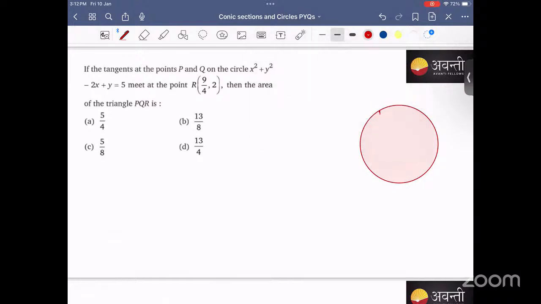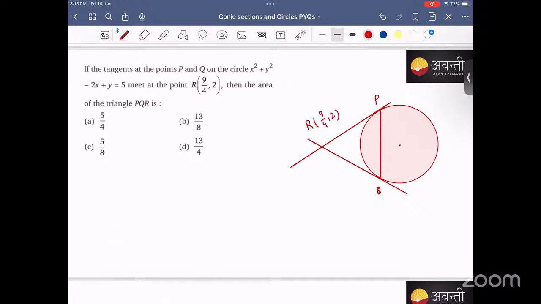Now let us assume these are points P and Q. This is P, this is Q. Tangent at P is this, and tangent at Q is this. So these two tangents are meeting at point R, that is (9/4, 2).